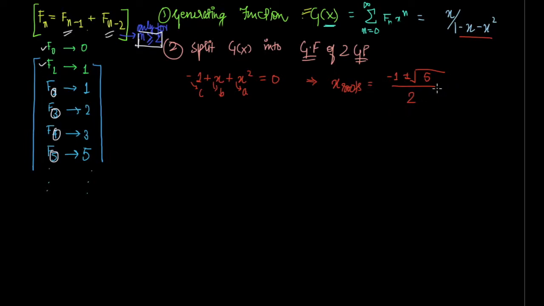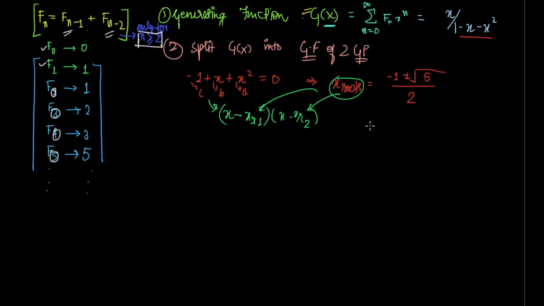So we get 2 roots, they're different roots, and they differ by root 5 by 2, and therefore this can be represented as x minus root 1 and x minus root 2, okay, so these are just the roots. We just have to put this into positions of x minus r1 and x minus r2.